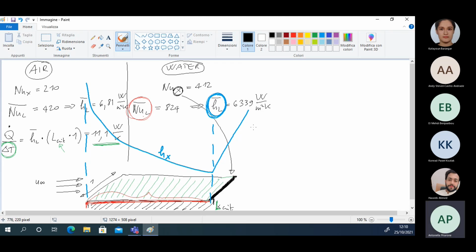If I want to estimate for this case Q for unit delta T, again, H L that multiply L critical by 1, I obtain a value that is 507 watt each Kelvin. So much bigger than the previously calculated value for the air fluid. Okay?